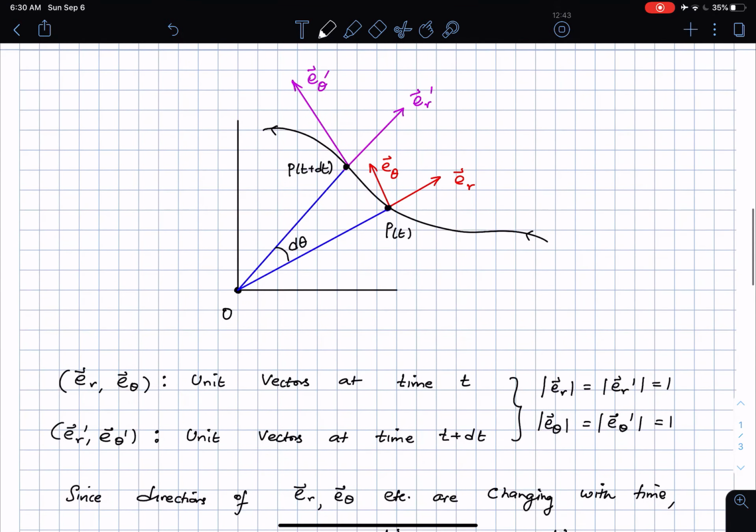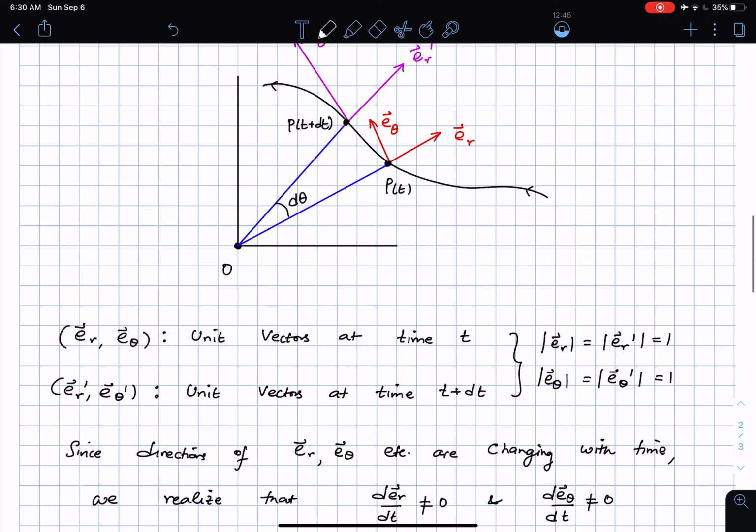All right, so I'm right at this position here. I'm going to call this the position vector r of t. Starting from here all the way up to where that is my position vector r of t. I'm going to say that the magnitude of this position vector is little r.